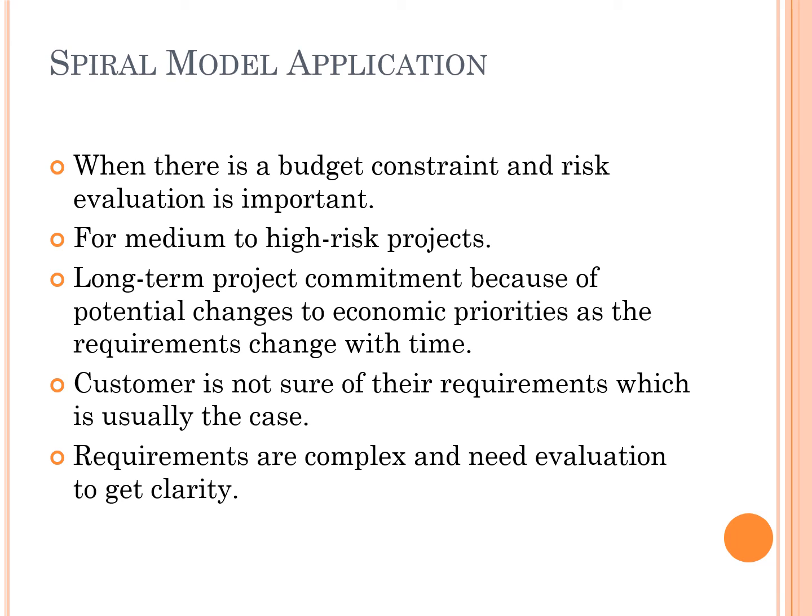The applications include: when there is a budget constraint and risk evaluation is important; for medium to high risk projects; long-term project commitment because of potential changes to economic priorities as the requirements change with time; when the customer is not sure of their requirements, which is usually the case; when requirements are complex and need evaluation to get clarity; a new product line which should be released in phases to get enough customer feedback; and when significant changes are expected in the product during the development cycle.